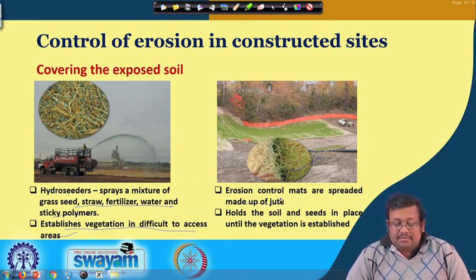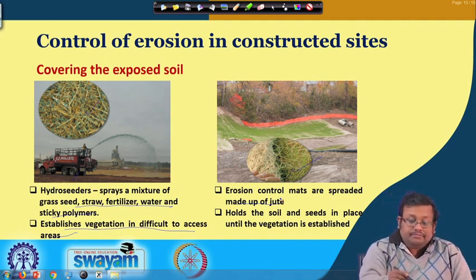This is very important, as it helps in reducing the movement of soil from one place to another. So hydroseeders and erosion control mats are important ways to fight against water erosion and other types of erosion, the movement of soil particles from one area to another.